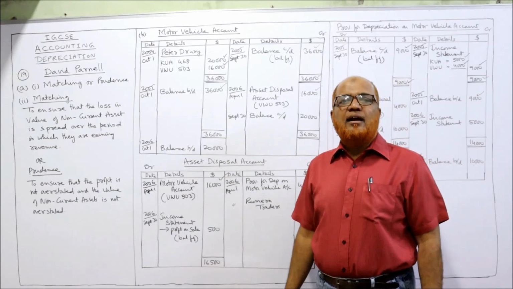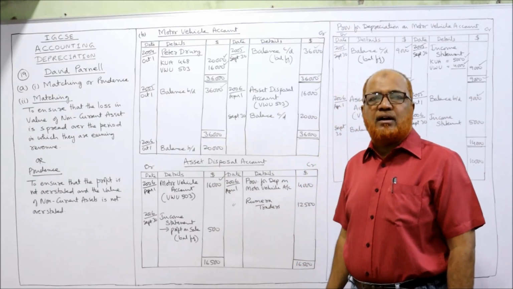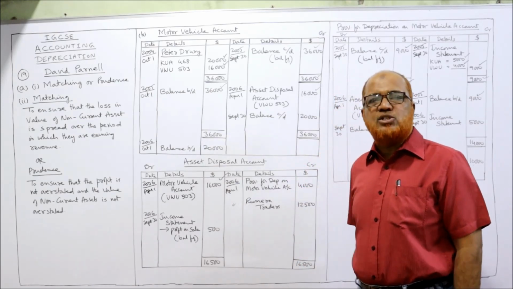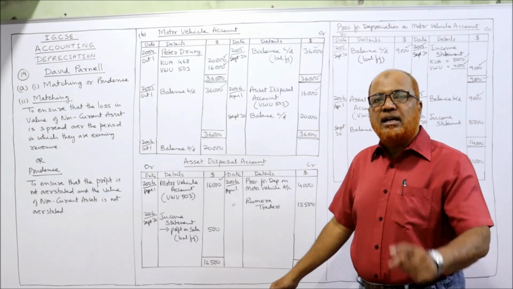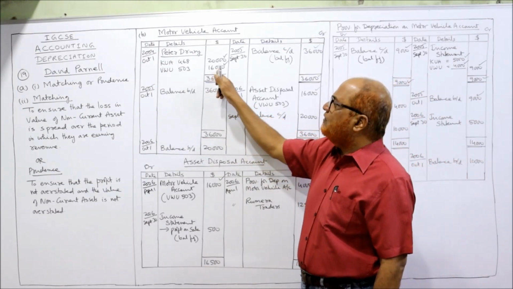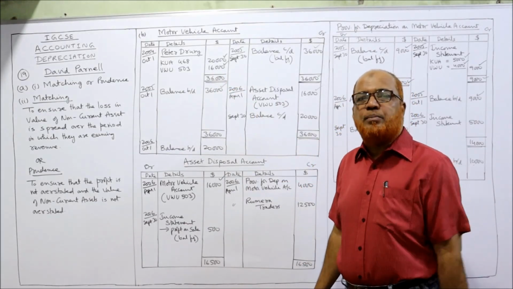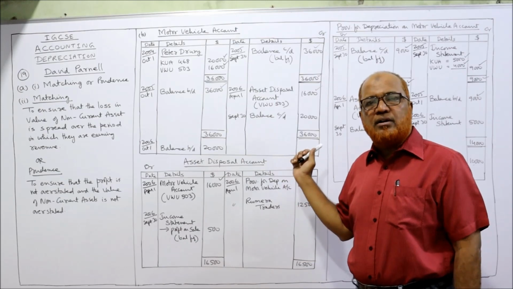The second entry: depreciation provided on that second motor vehicle should be transferred to asset disposal account. How much is the depreciation provided on the second motor vehicle? 25% of 16,000, so 4,000 was the depreciation. That will be transferred.